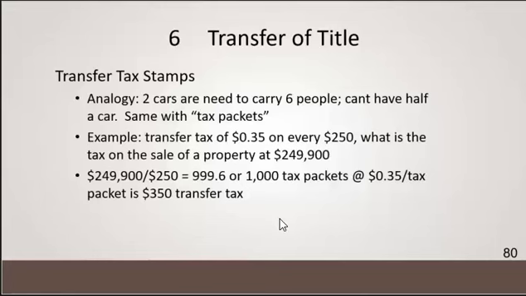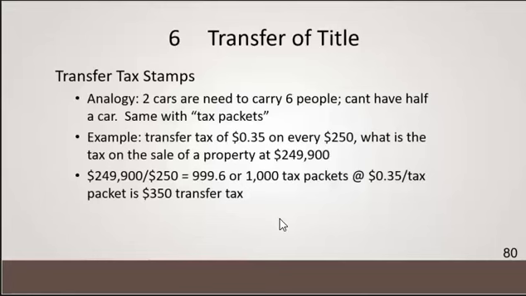Can't have 0.6 of a packet. So that becomes 1,000 tax packets times 35 cents per packet. You end up with a $350 transfer tax on this real estate. Paid by probably the seller, the most common one. Typically it's the seller.